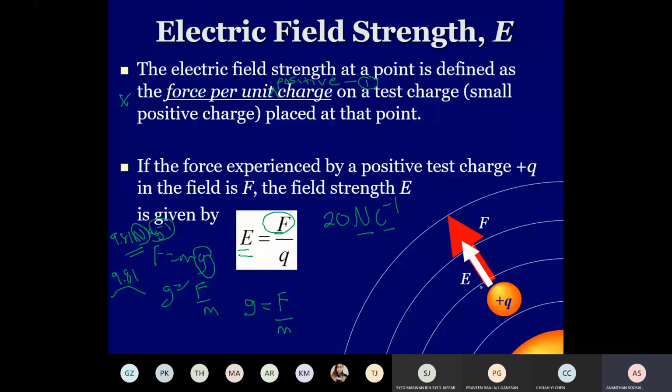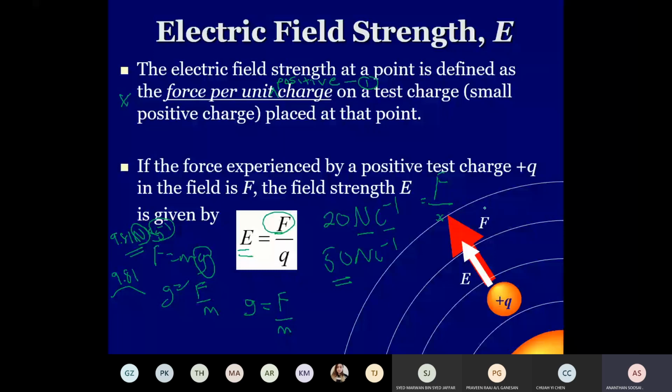If it's 50 Newton per coulomb, we say the field is stronger. Field strength is always defined as force divided by something. Gravitational field strength is force per unit mass. Electric field strength is force per unit charge.